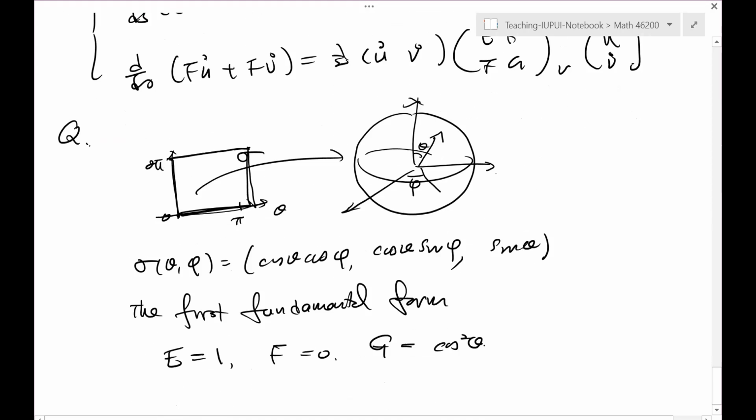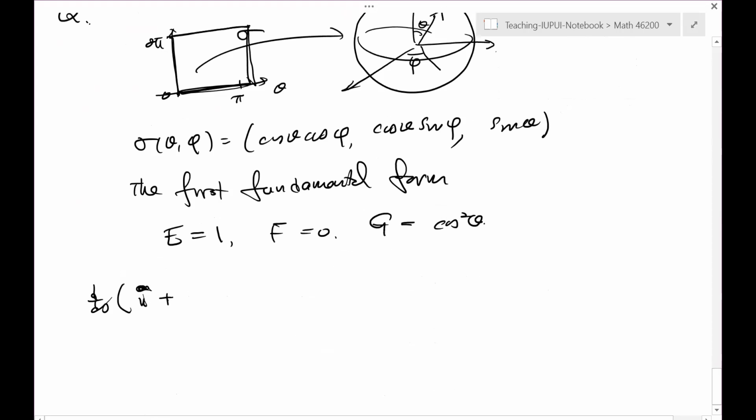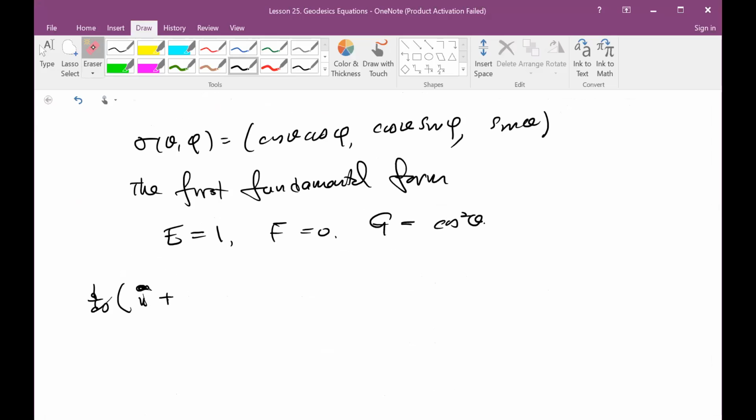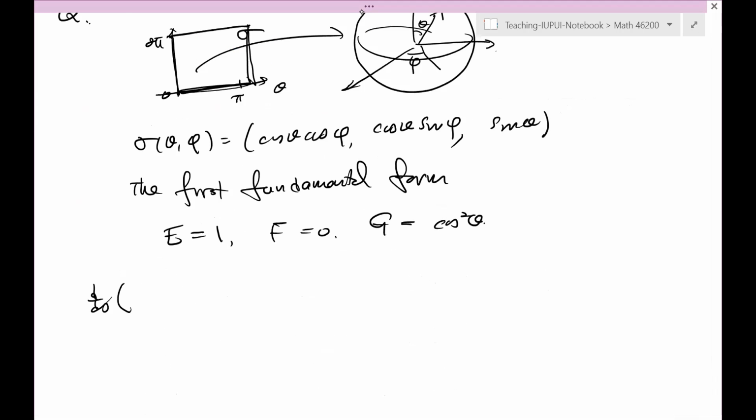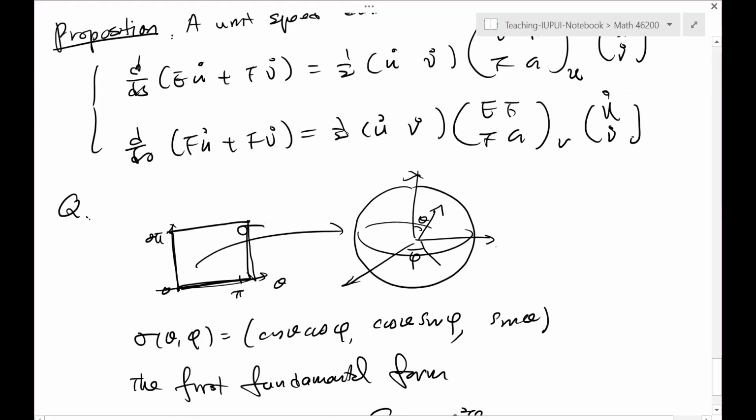Okay, so E, u dot, plus F is already 0, plus 0. Let's translate. U is my theta, V is my phi. So u is theta. F is going to be 0, so it's gone.